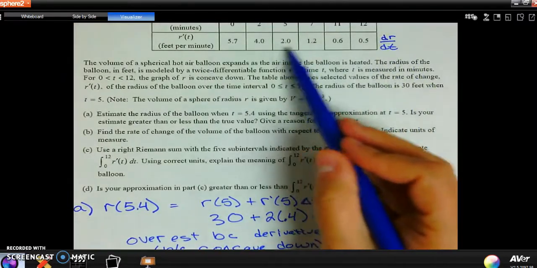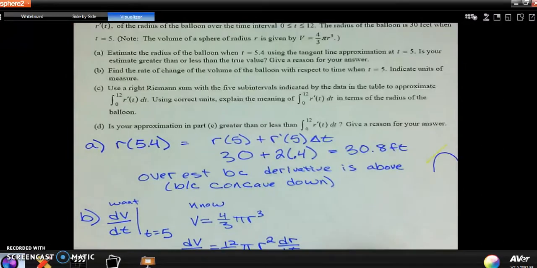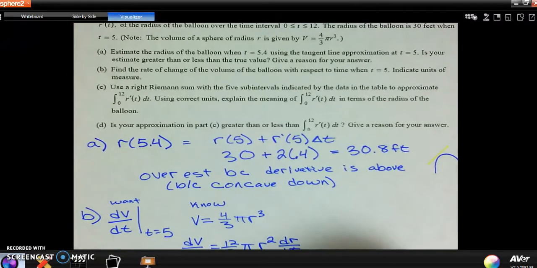So you've got your dr dt at t equals 5 is going to be 2, and the radius is 30. That was given up above. So we've got 30 squared, and then from the table I got that 2, because when t equals 5, dr dt was 2, the derivative of the radius.